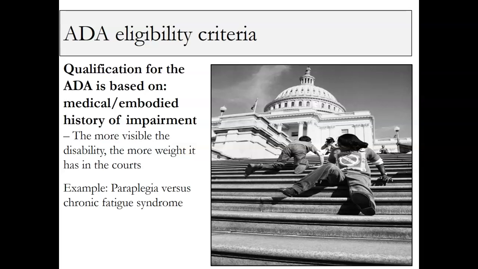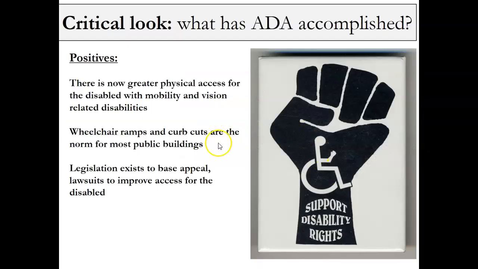If you're paralyzed, if you're blind. But if it's something that's less visible, say chronic fatigue syndrome or chemical insensitivity or other less visible disabilities, it doesn't fit so snugly. You're not so easily covered under this law. A lot of gaps in that kind of coverage. It gets into gray areas as well.